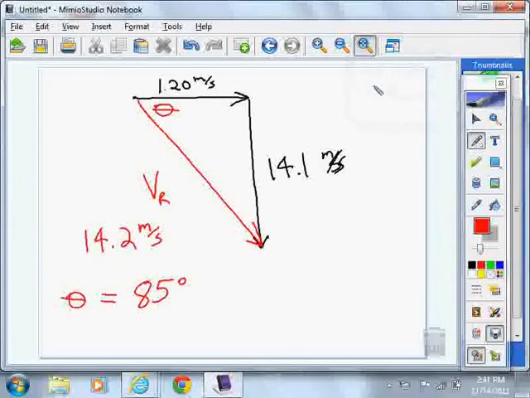So using the Pythagorean theorem, the resultant velocity is 14.2 meters per second, and the angle is 85 degrees clockwise from the positive x-axis. Or you could say 85 degrees below the horizontal.